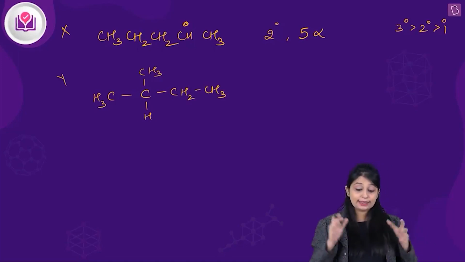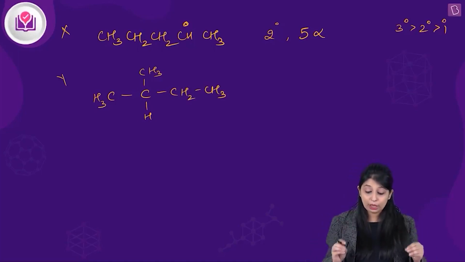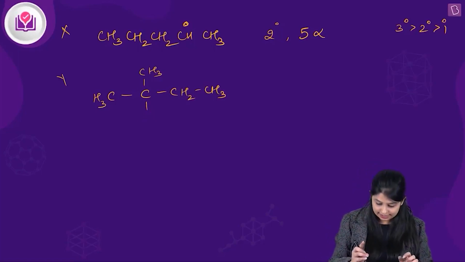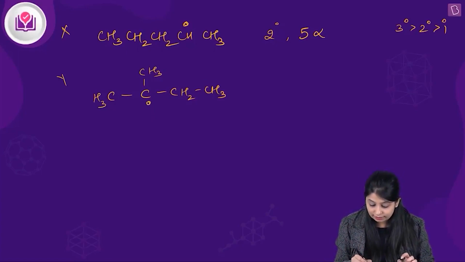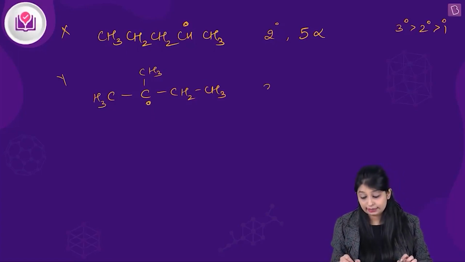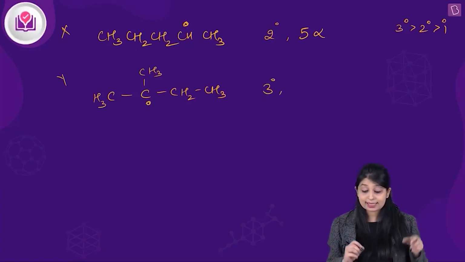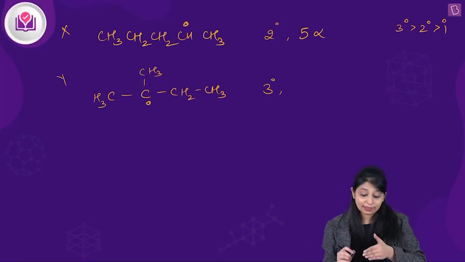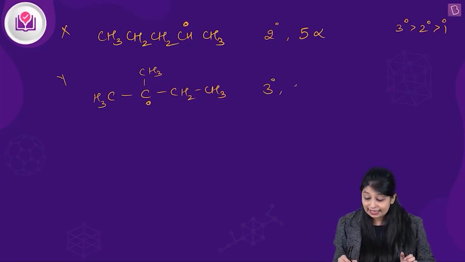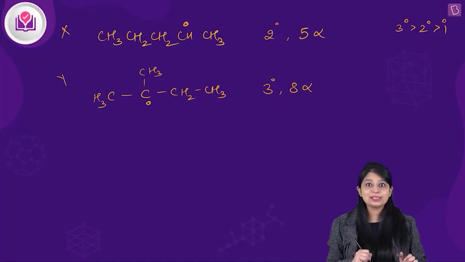In molecule Y, which would be the most stable free radical? Well, this would be the most stable free radical. Why? Well, this is a 3-degree free radical and it has 8 alpha hydrogens.